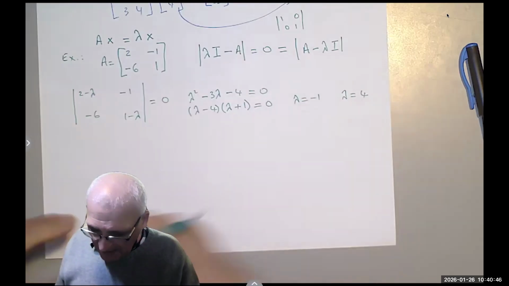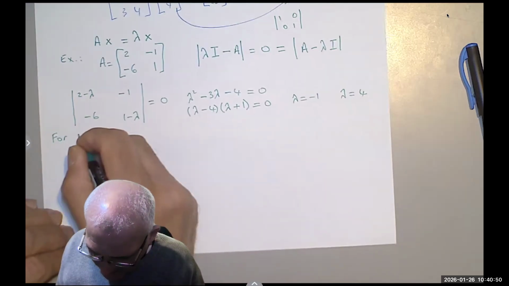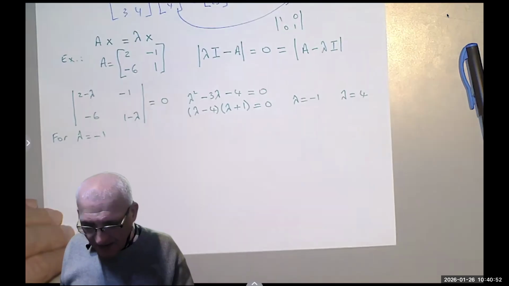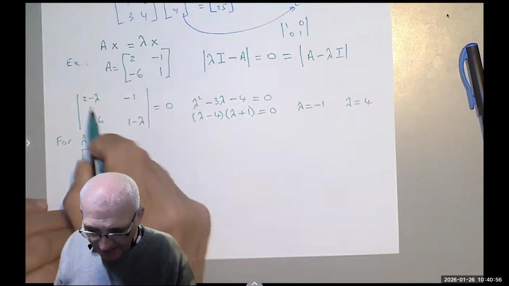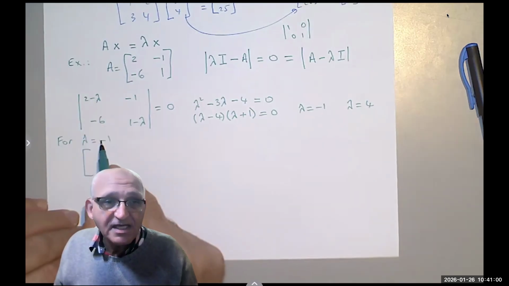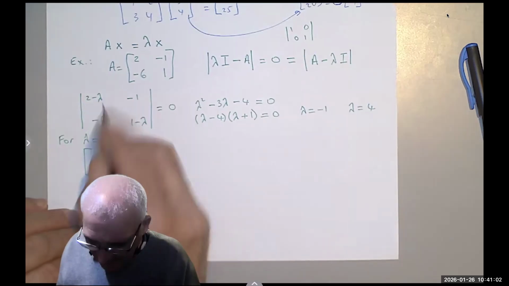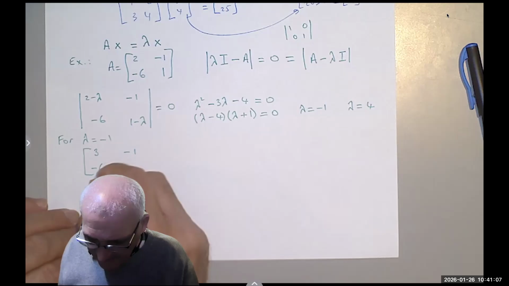Well, it seems easy. You say, for example, lambda equals -1. You are going to write the original matrix, but after subtracting lambda. Notice subtracting a negative value, meaning adding. So 2 minus -1 is 3. This stays -1. This stays -6.